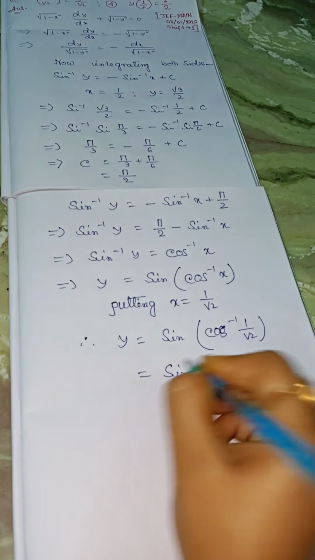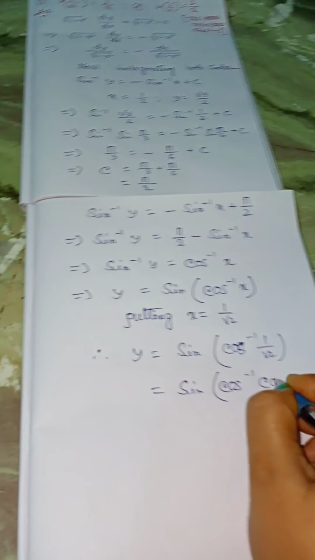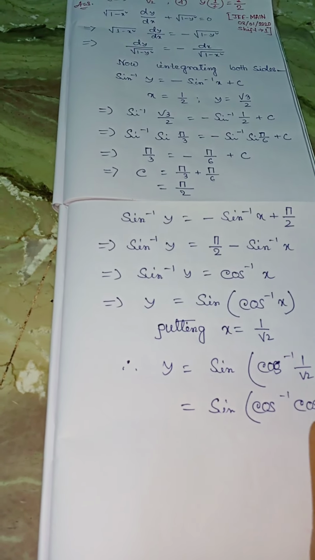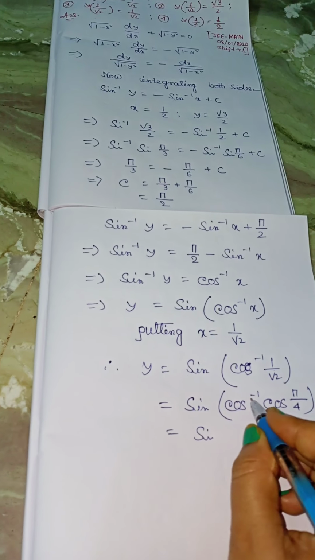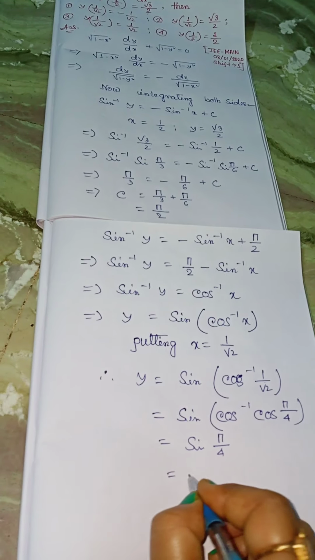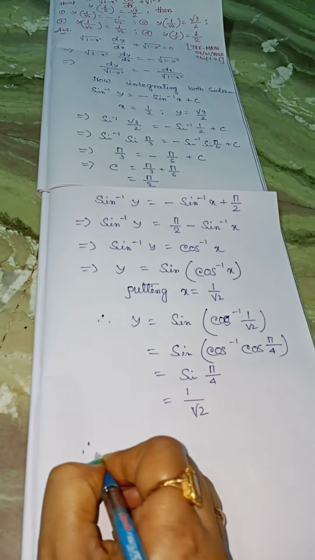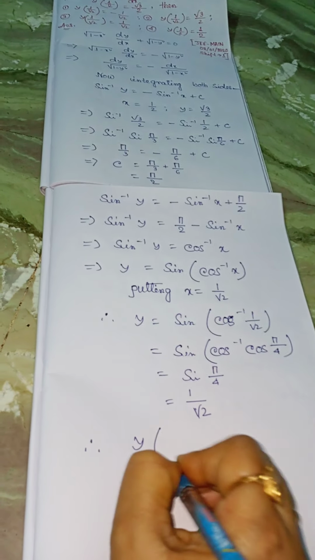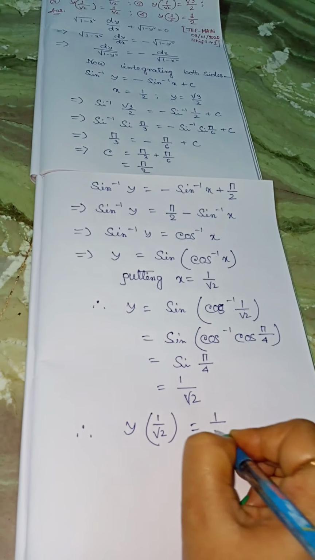So, sine of cos inverse cos pi by 4, where cos pi by 4 is 1 by root 2, means only pi by 4, that is equal to 1 by root 2. So we easily say that y of 1 by root 2 is equal to 1 by root 2.